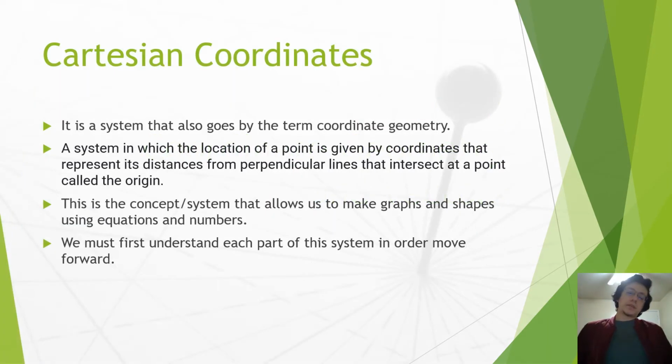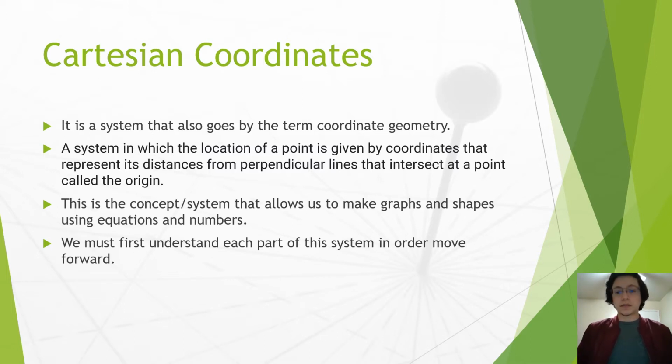So starting off at the beginning of the chapter, it explains what a Cartesian coordinate is. By the book's definition, it is a system that also goes by the term coordinate geometry. It is a system in which the location of a point is given by coordinates that represent its distances from perpendicular lines that intersect at a point called the origin, aka the x-axis and the y-axis.